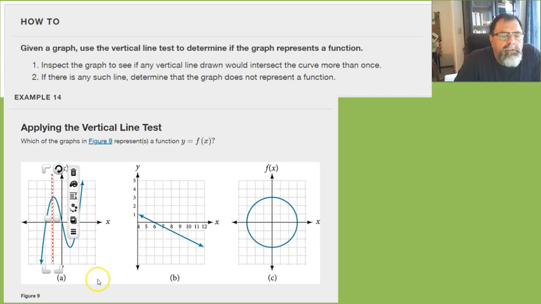So that one's a function. If I do the vertical line again, no matter what vertical line I pick, it will hit the graph just once. So that one's a function.